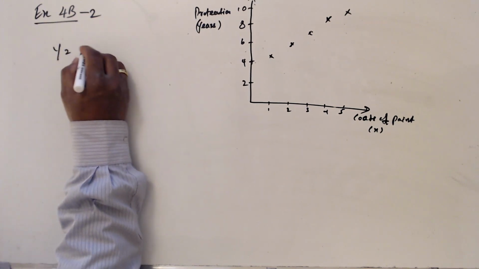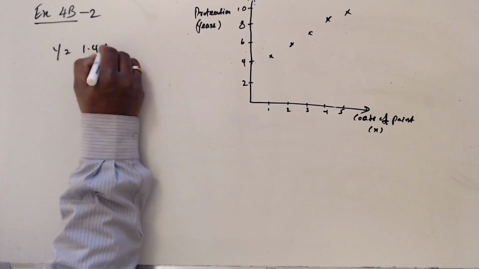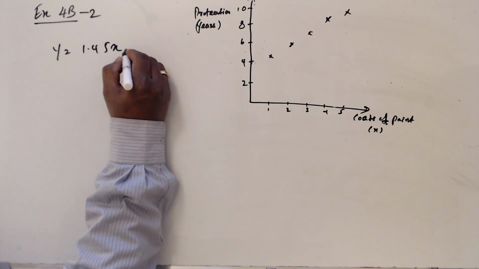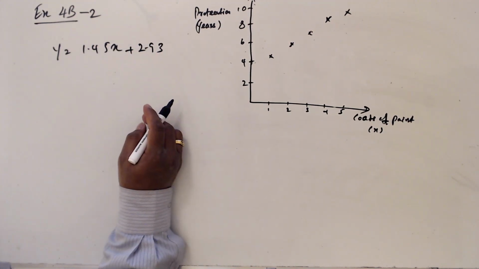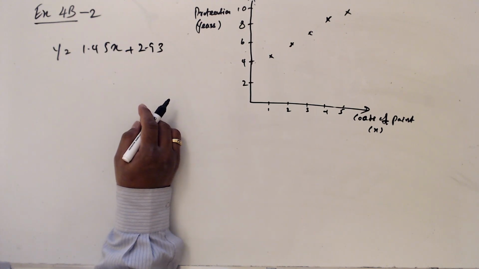I will write it in y equals mx plus c form, y equals 2.93 plus 1.45x. Helen said that the gradient of 1.45 means if 10 coats of paint are applied, the protection will last 14.5 years. Comment on Helen's statement.